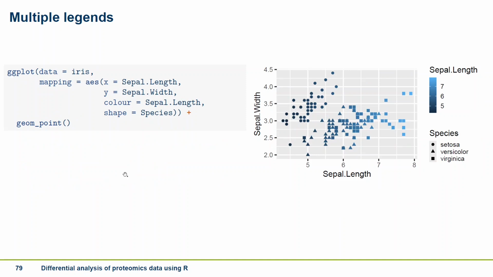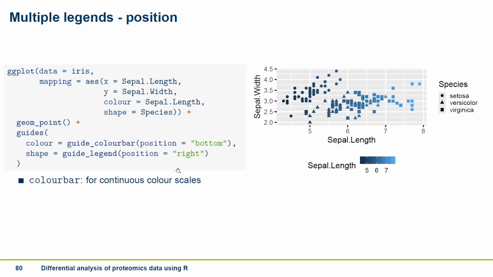If you have multiple legends, this is also possible. For example, here you use the color as sepal length and the shape as species, then it will produce two different guides, one color bar for the continuous color and one for the shape with species. So you have two legends in this case.